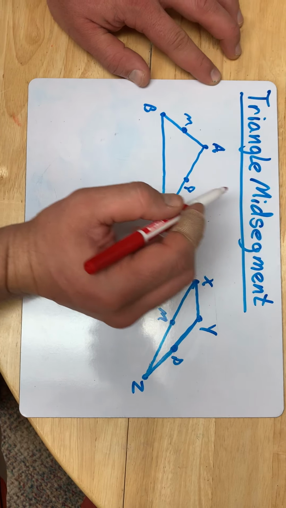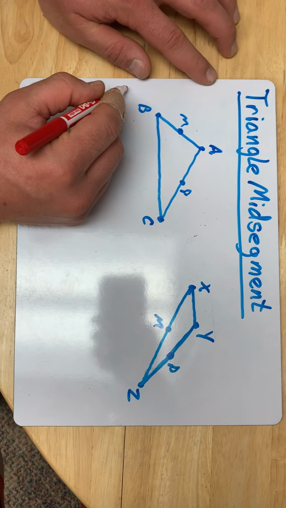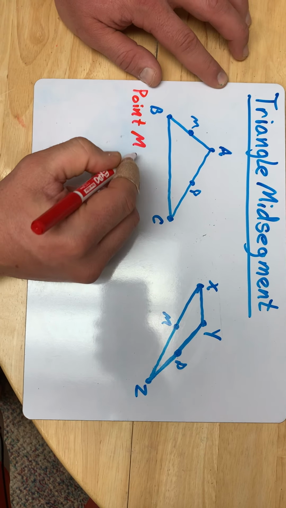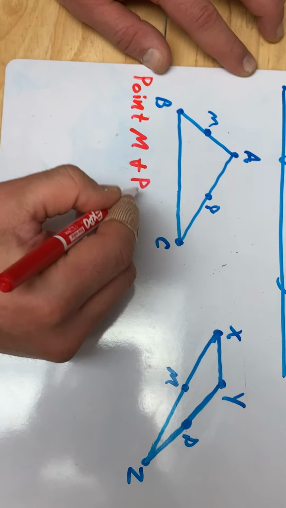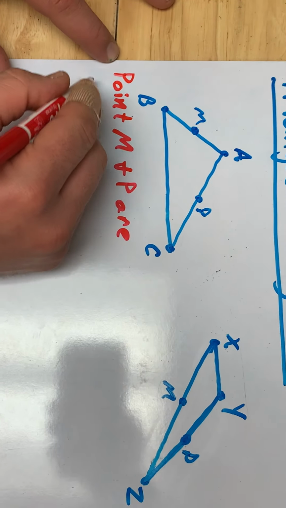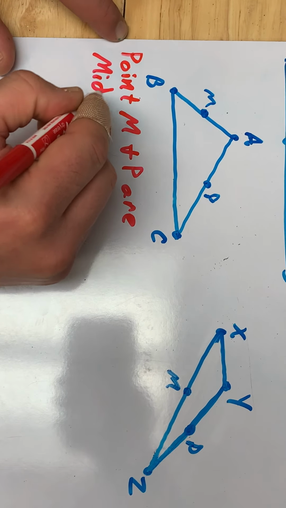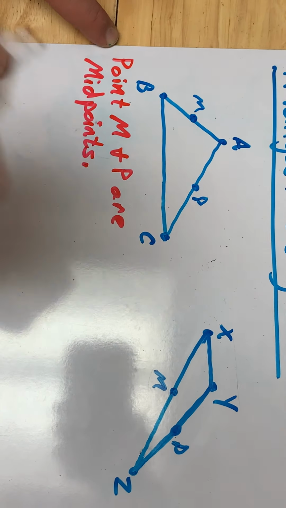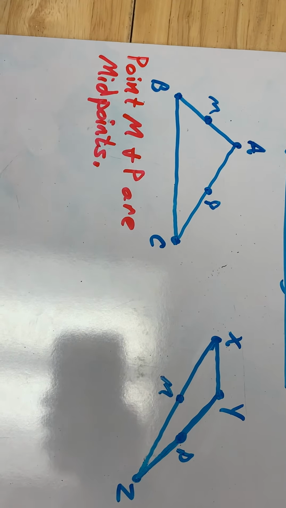Let's say here point M and P are midpoints of their respective sides. So that's our given that point M and point P are midpoints.